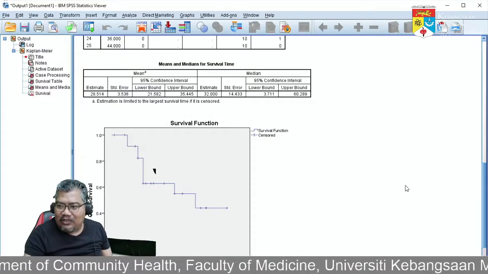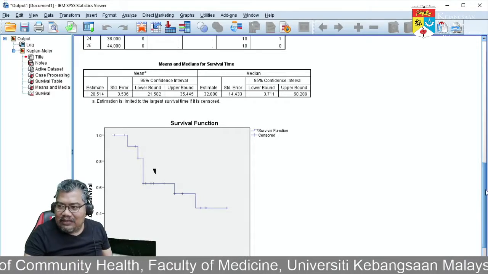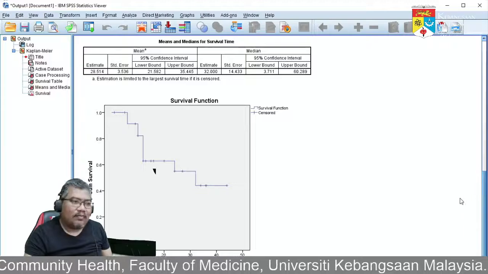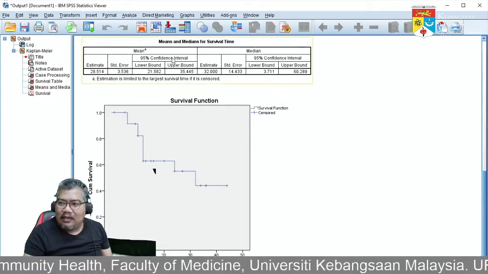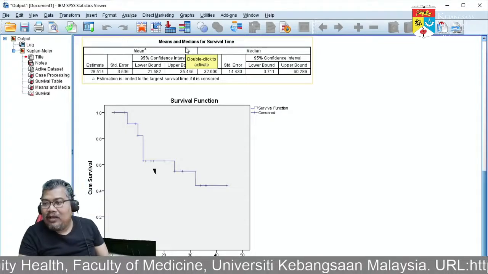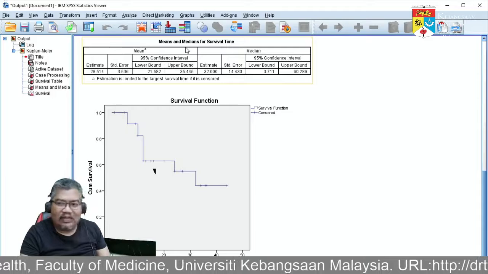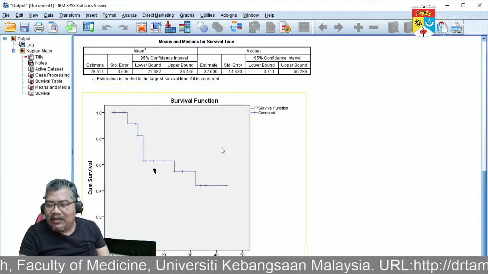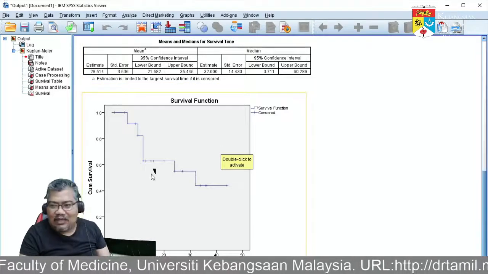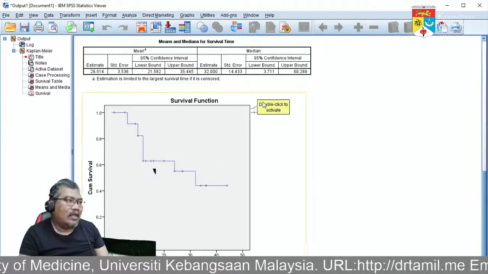Therefore, you cannot use the normal parametric analysis. So, because it is non-parametric, you should be using the median to compare the probability of survival between group A and group B, if there is a grouping.